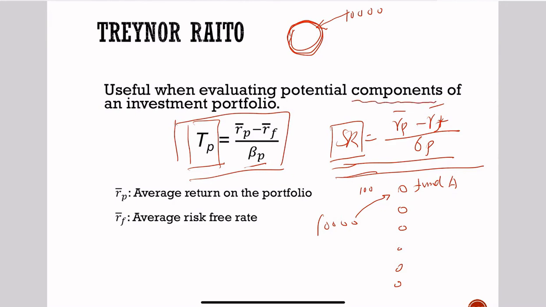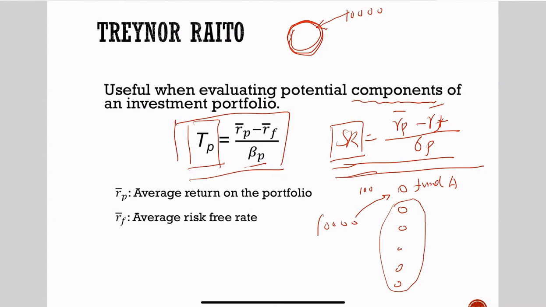It's just a small part of your total investment portfolio. So the non-systematic risk of portfolio A can be diversified by all these other portfolios. So non-systematic risk does not matter, right? So in this case, you will use its systematic risk as a risk measure, so you will use the trade-off ratio.